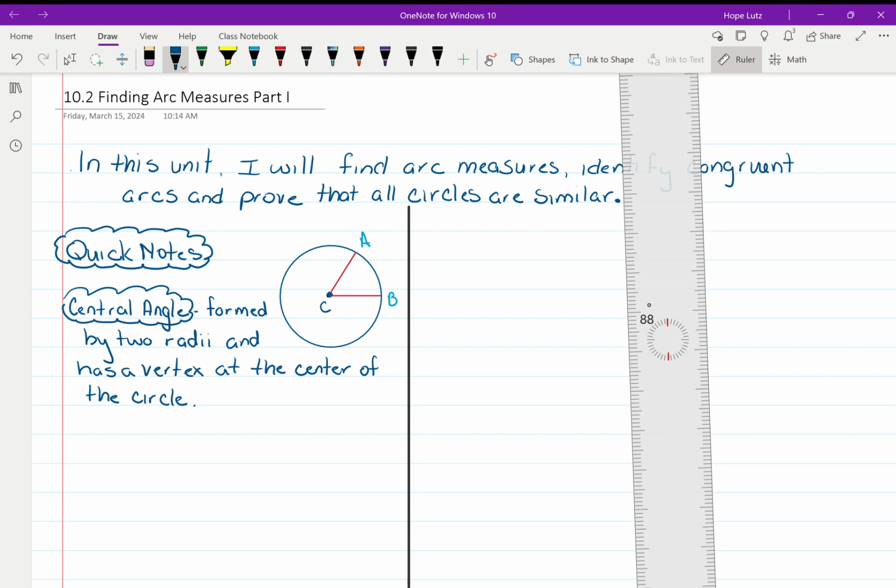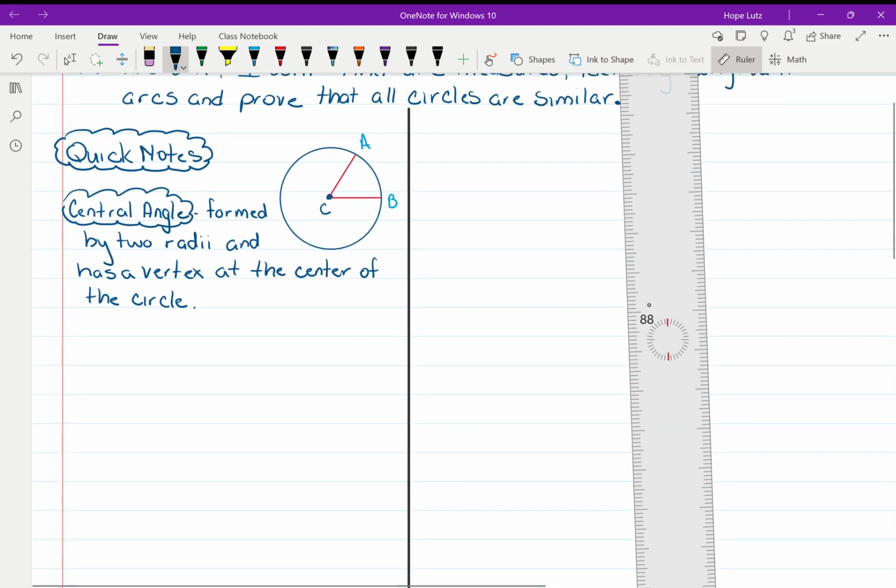Now we're going to learn three more. We're going to talk about a minor arc. Alright, so that's our next one, minor arc.